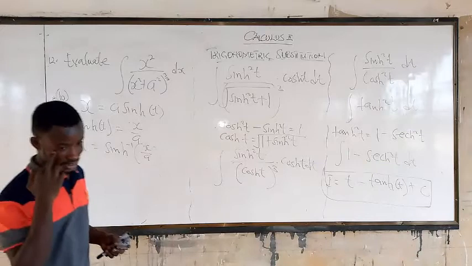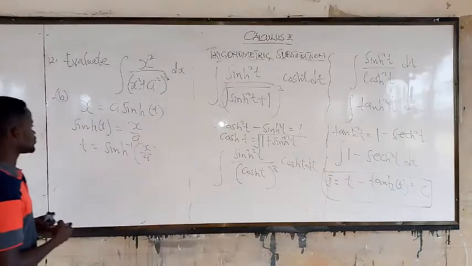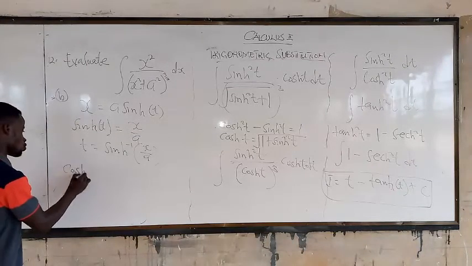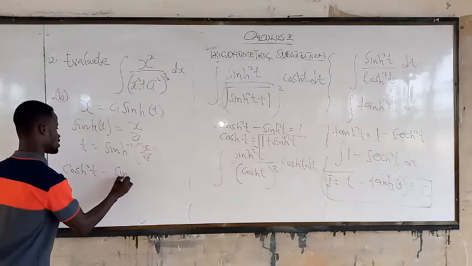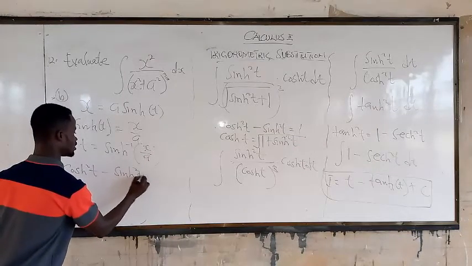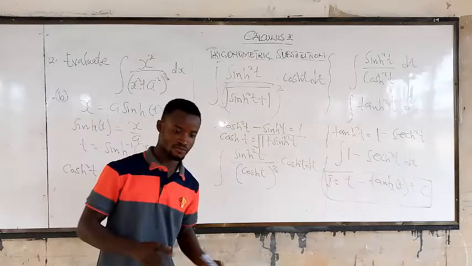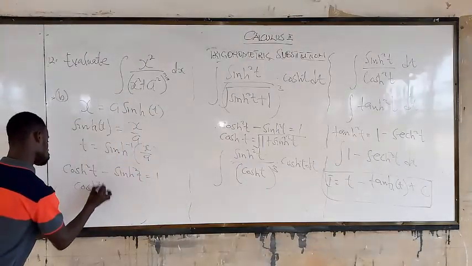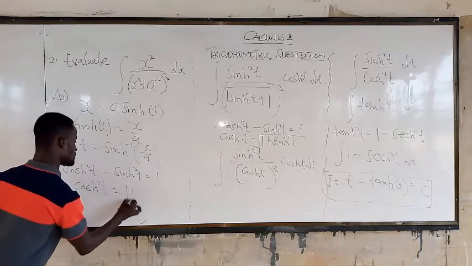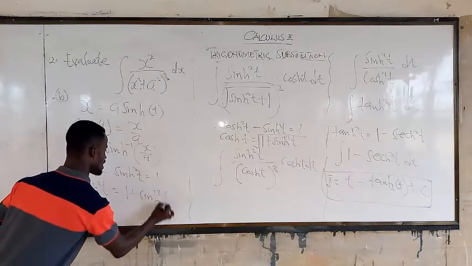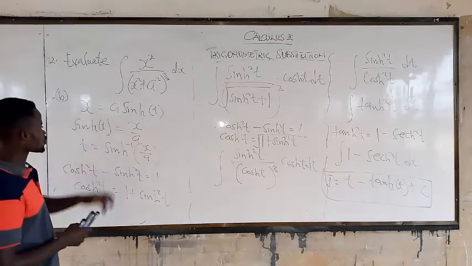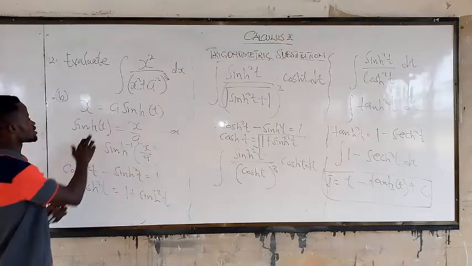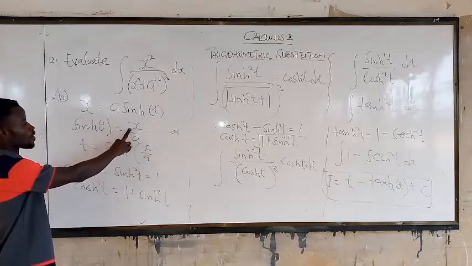So what we are going to do here is that we know from here that cos square t minus sin square t is equal to 1. Very good. Therefore, cos square t is equal to 1 plus sin square t. Don't forget also that we have sin t is equal to s over what?